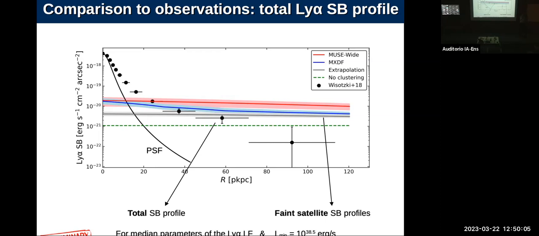So the contribution from satellites already at 30 kiloparsecs starts to become quite important. And if we go to much larger scales, something like 50 kiloparsecs, all the satellite profiles are already above this total surface brightness profile. So the satellites alone at these larger scales can already explain the whole extension of the Lyman-alpha halos that are seen on the sky.